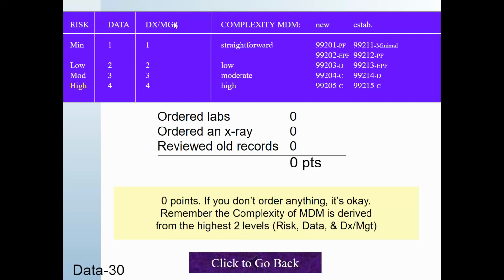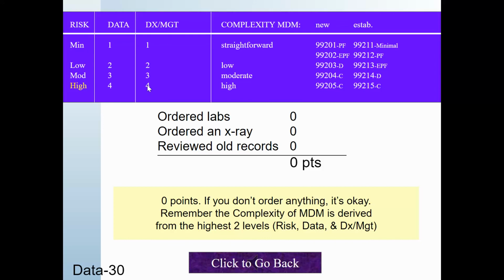And again, this complexity of medical decision-making is so ethical because the decision-making, the code for the visit, the services that you're rendering is not based on just one part. It's based on 3 parts, and you want the 2 highest levels of these 3 parts. So there's balance.